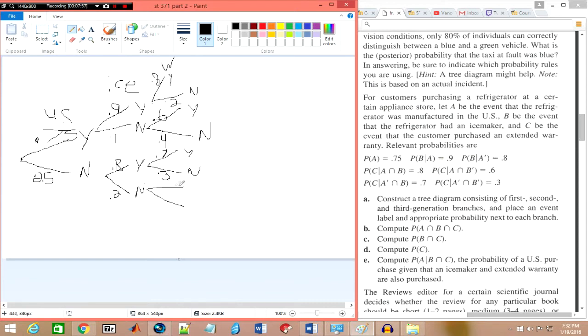So that would be 0.3, as shown over there, for yes, and that makes it 0.7 for no. And there you go. You have a full tree diagram.